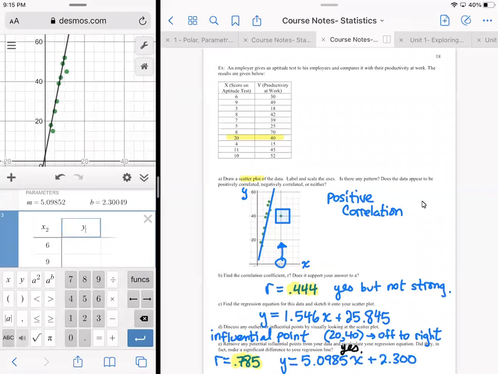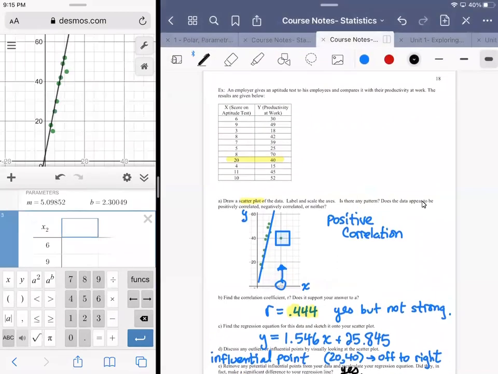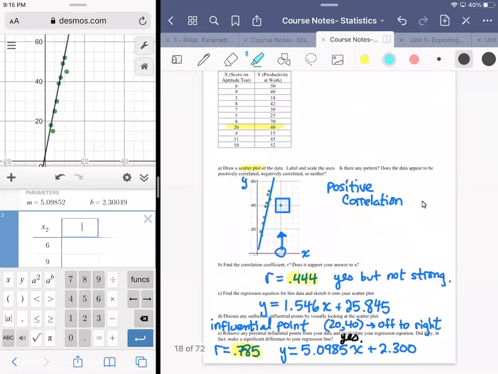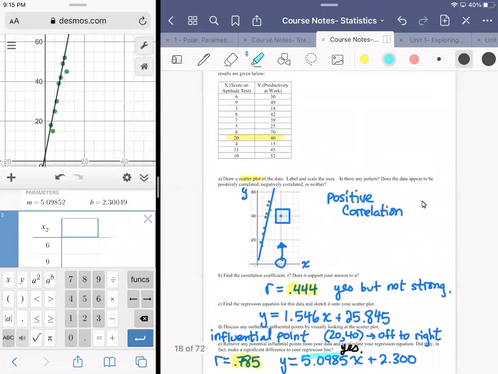But the Y2, what I want to do is put in the right-hand side of my linear regression equation. So this information is what's going in there. All right. So, well, you know, check that.